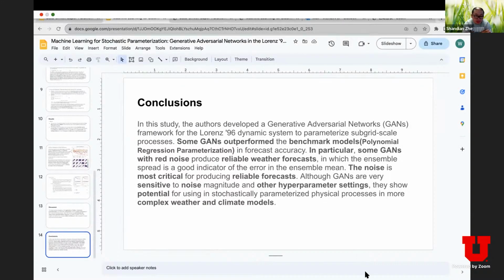Okay, great. Yeah, I think these two papers are interesting. To me, it's kind of a hybrid physics and machine learning model. You're not completely doing data-driven. You're trying to model some terms, part of the equations, as data-driven terms.